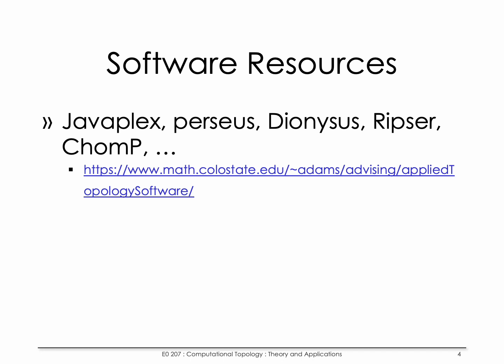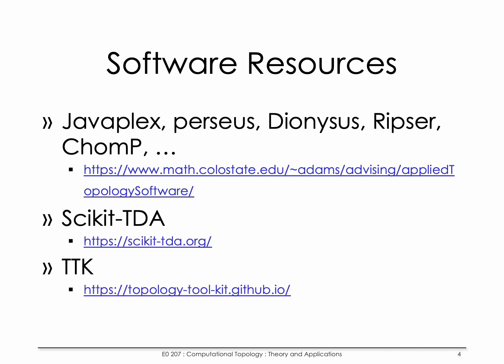Software such as Javaplex, Perseus, and so on have more limited functionality, but nevertheless efficient and useful implementations. This link is an up-to-date list of various software tools that are available for TDA. I am going to talk about Scikit TDA and TTK.